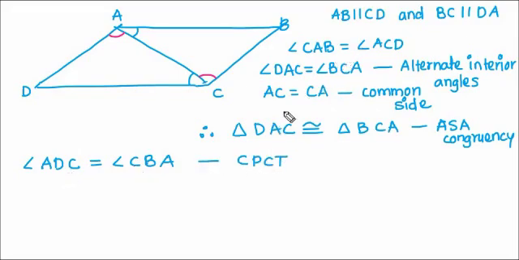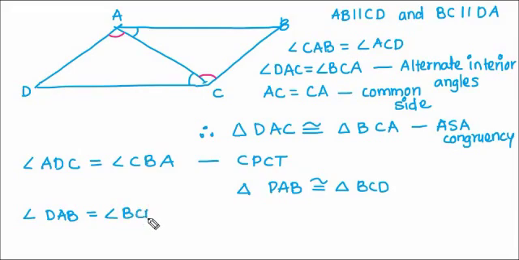In the same way as we have proved this, we can also prove that triangle DAB will be congruent with triangle BCD. By drawing a diagonal BD, we can prove that these two triangles are congruent using ASA. And in that case, we will find angle DAB is equal to angle BCD.